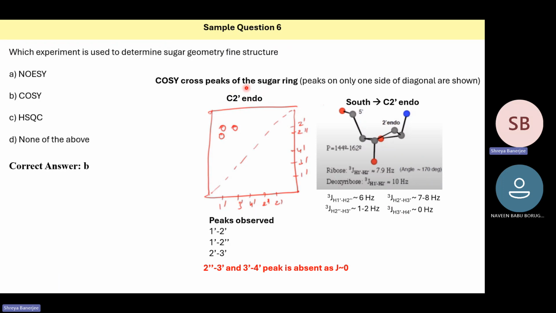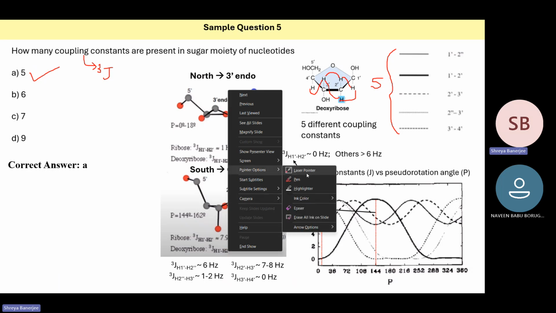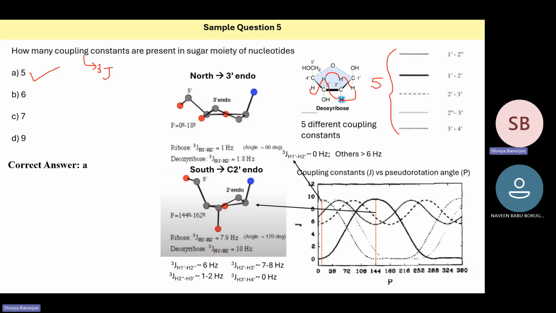And in the previous slide, we saw that in C2 prime endo, you will basically have 3 coupling constants: 1 prime to 2 prime, 1 prime to 2 double prime, and 2 double prime to 3 prime. So there are 3 coupling constants in the sugar ring of C2 prime endo.